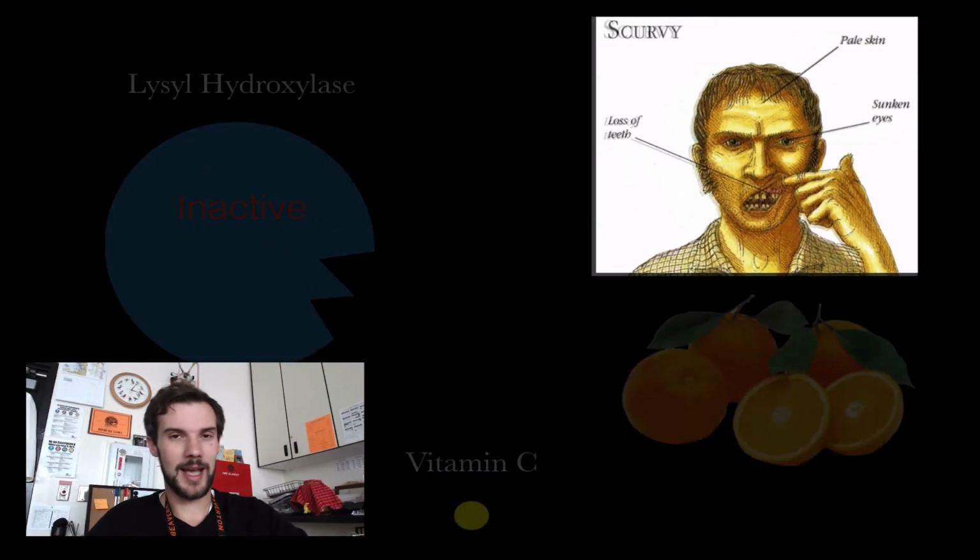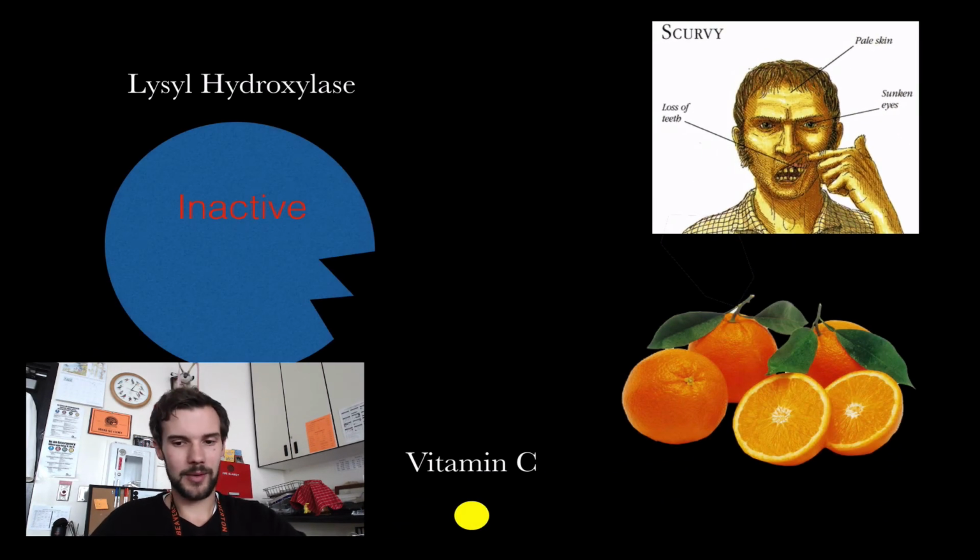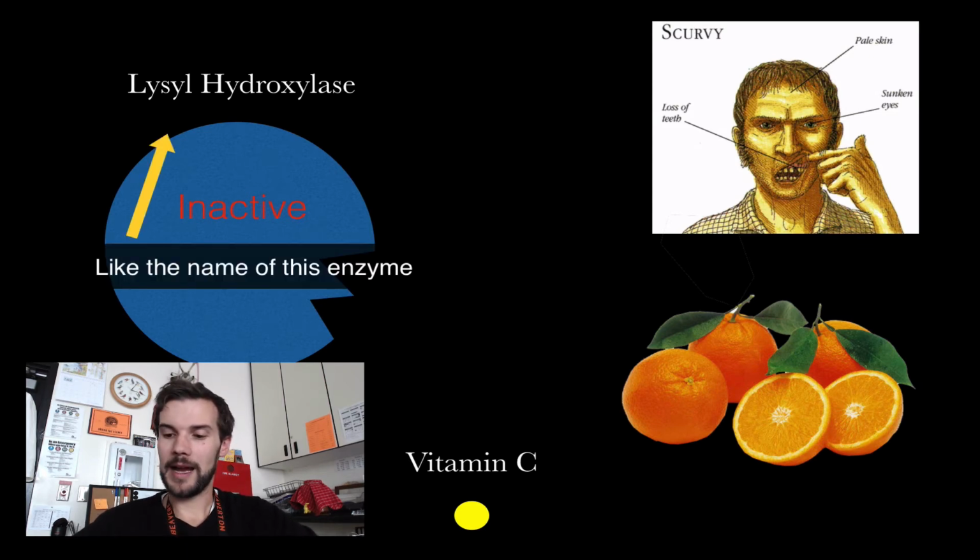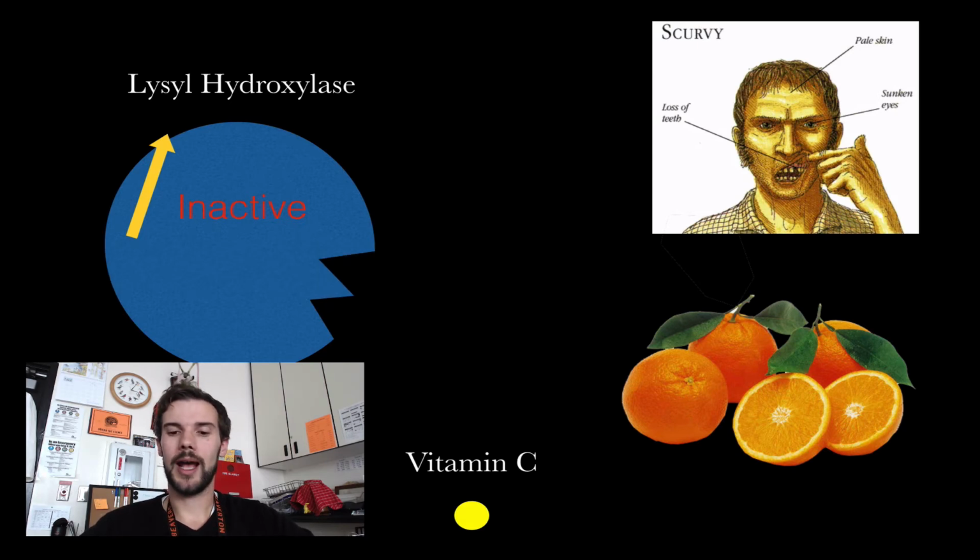So what actually is happening, and I go a little bit beyond the biology of this that you need to know, but vitamin C is going to act as a cofactor. So it's actually going to help this enzyme, lysyl hydroxylase, to become more of an active enzyme.